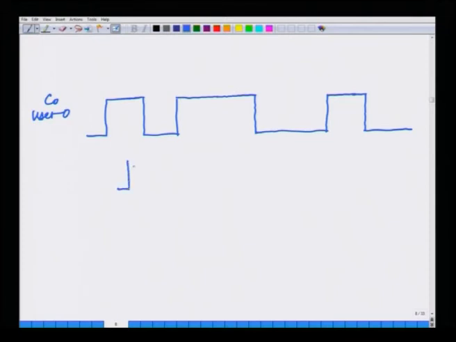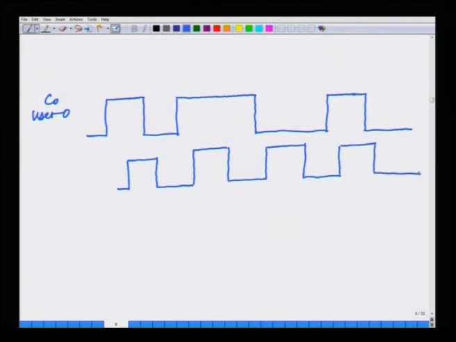This is slightly delayed, this is the code C1 of user 1.